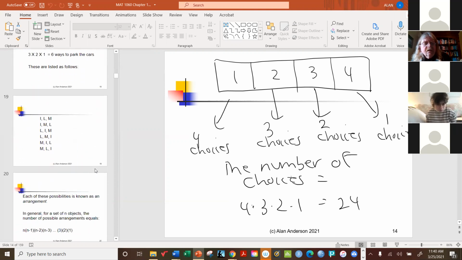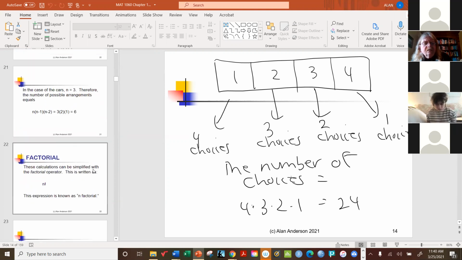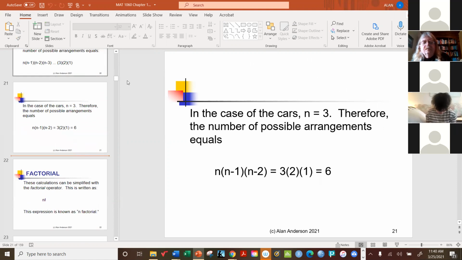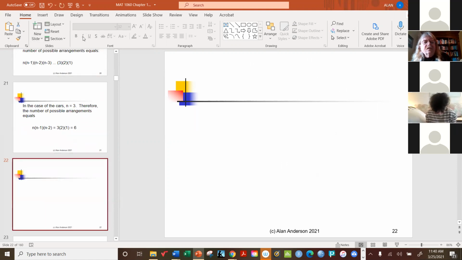Now, suppose I had 5 cars. You can probably guess where this is going.